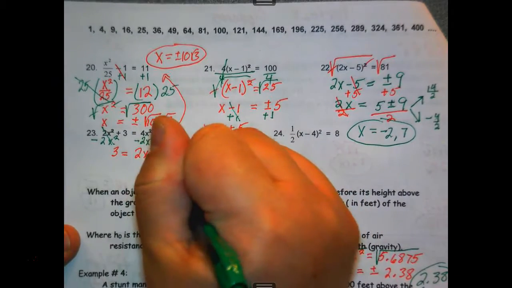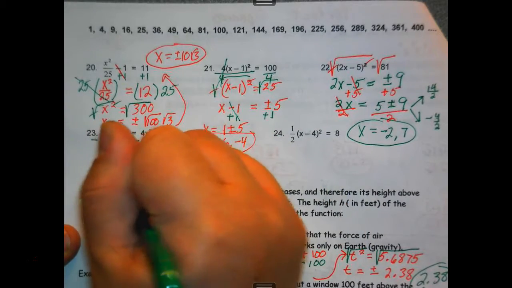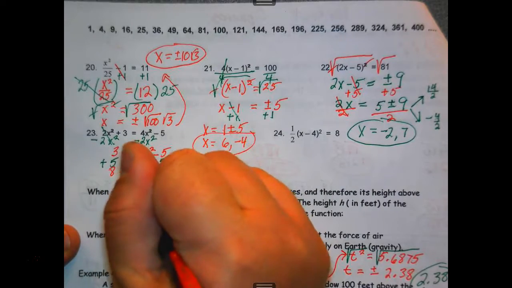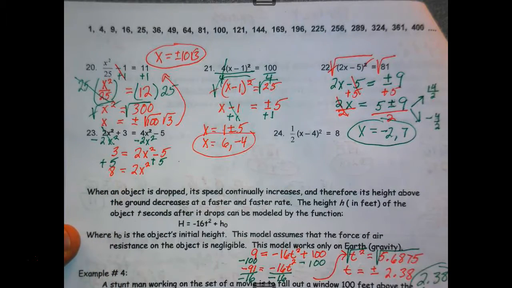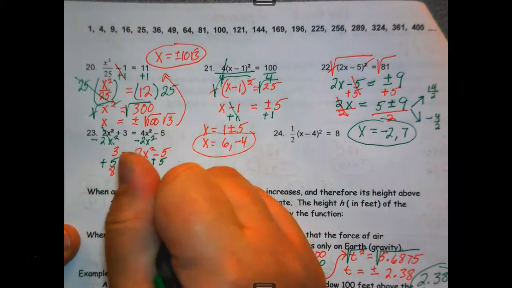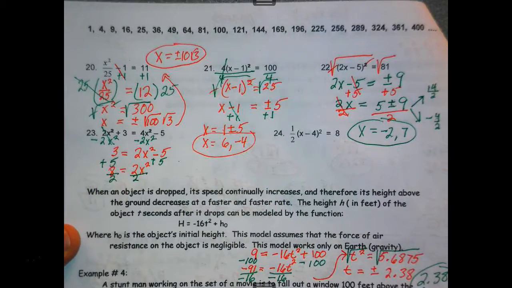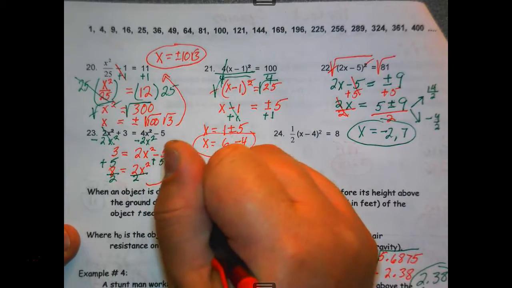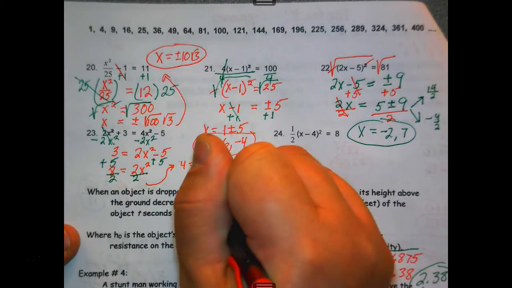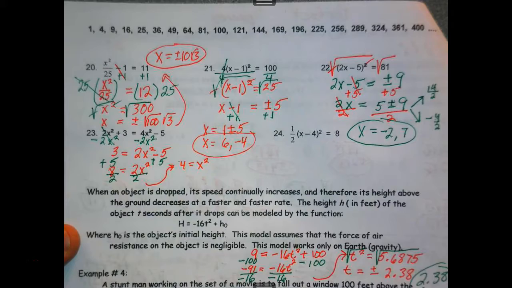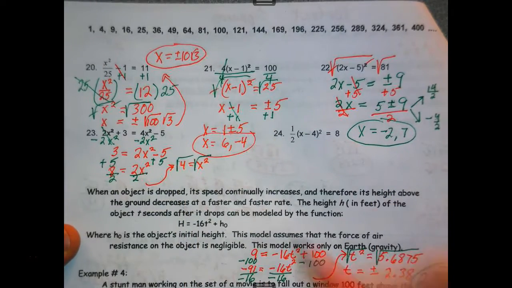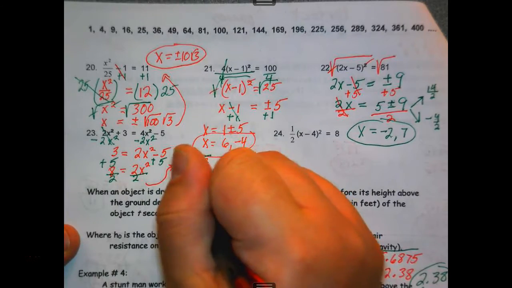Then I add 5, add 5. So I get 8 equals 2x squared. Divide by 2. Divide by 2. I get 4 equals x squared. Take the square root of both sides. X is going to equal plus or minus 2.